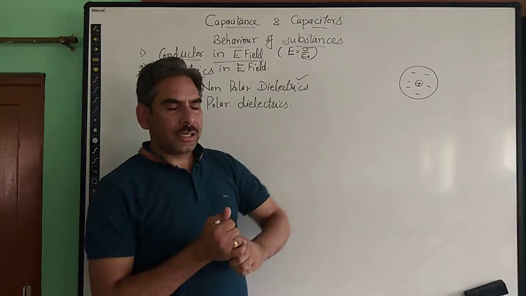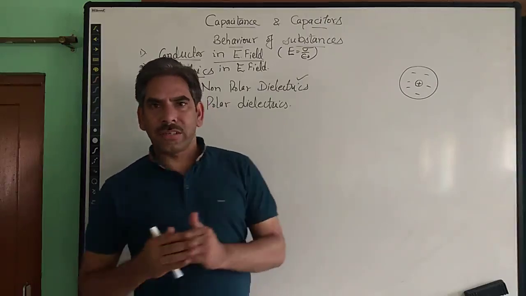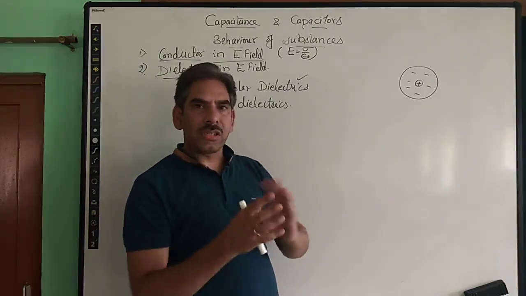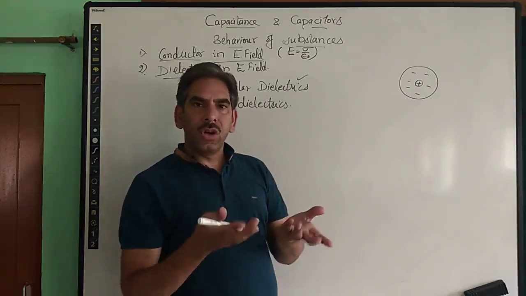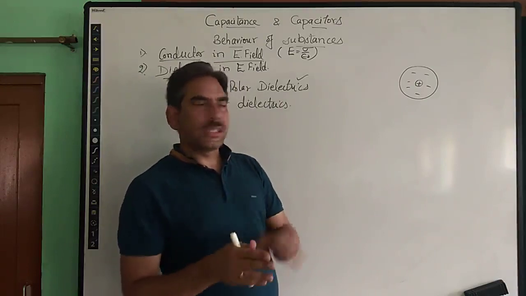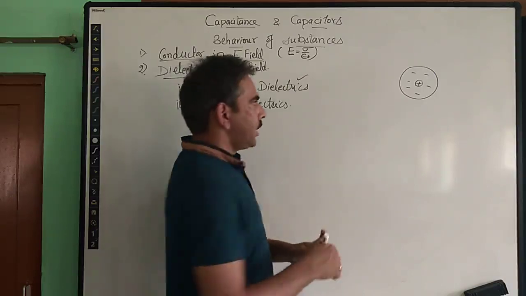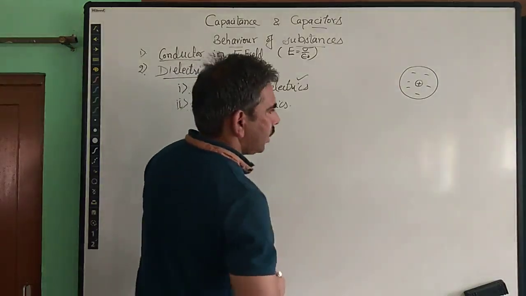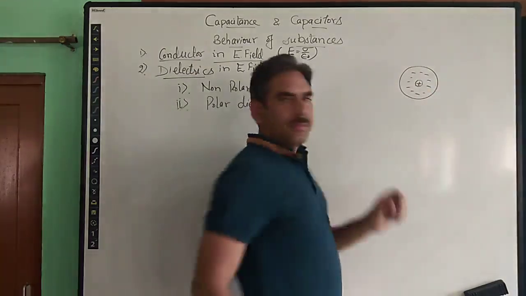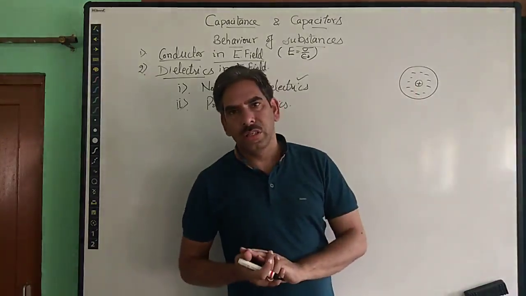So a non-polar dielectric is one in which the distribution of electrons is such that the centers of gravity of positive and negative charges coincide with each other, and hence there is no polar nature of the atom. Those dielectrics are called non-polar dielectrics, and such atoms are called non-polar atoms. In these atoms, the distribution of electrons is symmetric, meaning uniformly distributed around the positively charged nucleus.